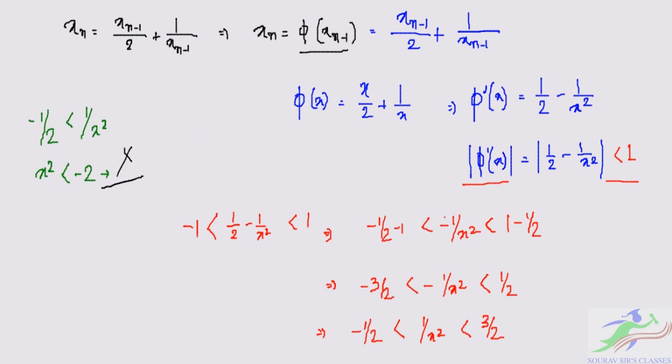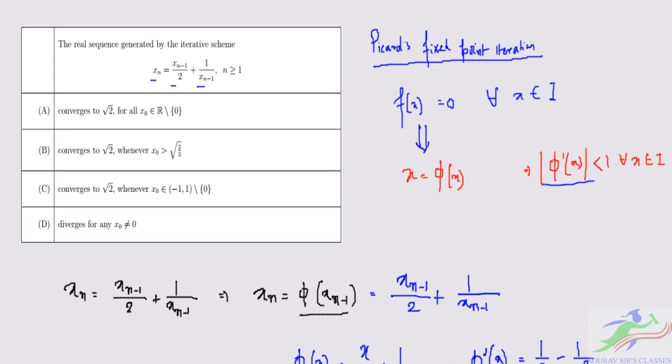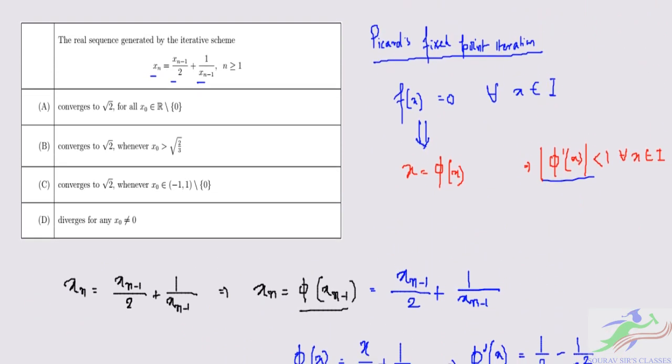So we have to consider that 1 by x square is less than 3 by 2. From here we can write x square is greater than 2 by 3, or x should be greater than root of 2 by 3. If we check with the answers, the first option says it converges to root 2.